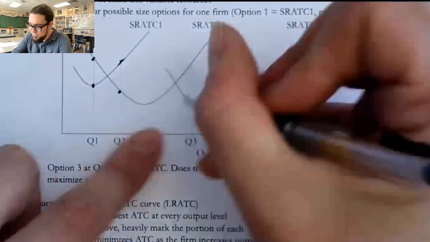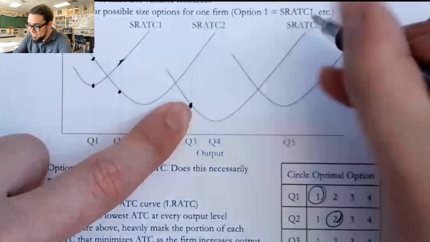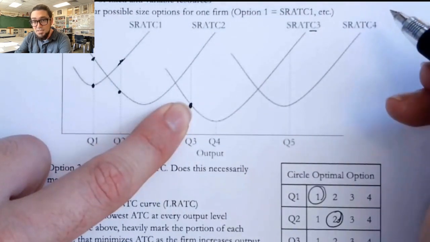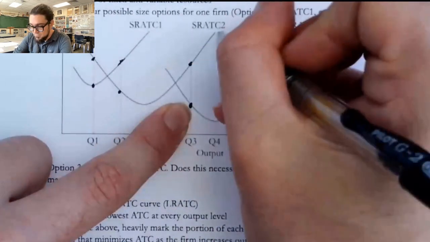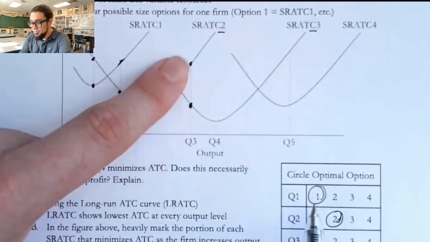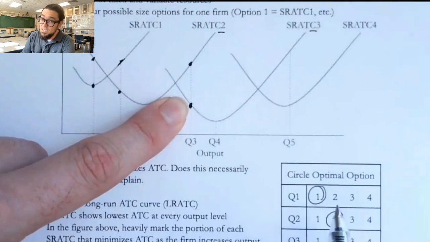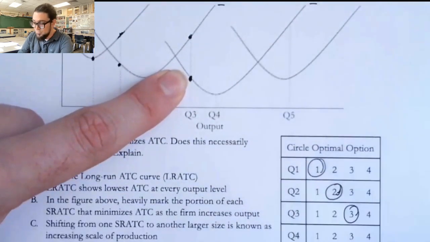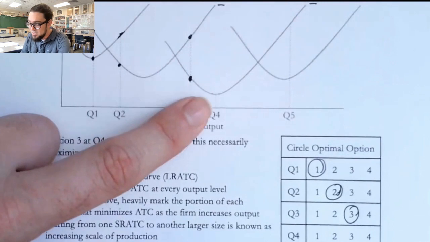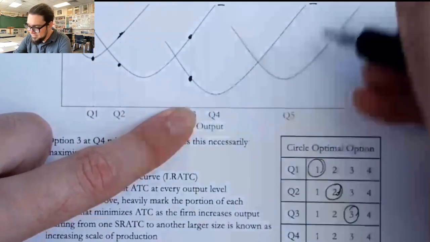Now at Q3, we take a look and say, well, this lower cost is coming from SRATC3, and this higher cost is coming from SRATC2. You could either produce using SRATC2 and have really high cost, or SRATC3 and have lower cost. I would prefer the lower cost. If I'm at quantity 4, here I don't even have any other curves.